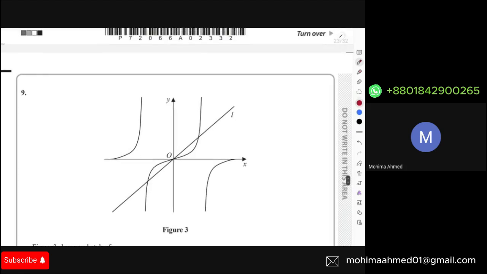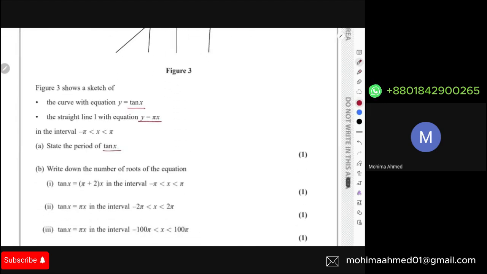For tan x, you can see that only this portion and this portion, combined, give you one period. This was exactly at pi, and this was at 0. That means the period of tan x is pi, only pi, no other values are needed. So the period of tan x is just pi.